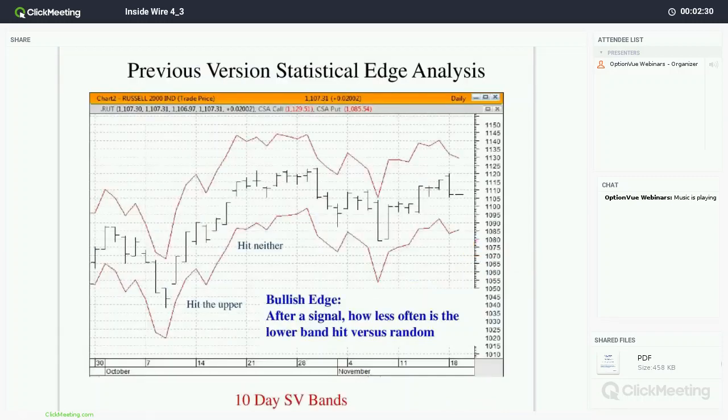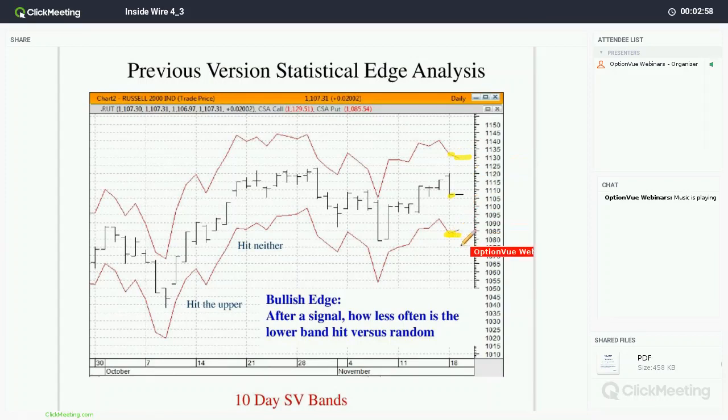Let's review what we were doing before on statistical edge analysis. We were basically looking at a given close from a technical signal, and we were putting these bands. In this case, we have 10-day statistical volatility bands, moving forward.